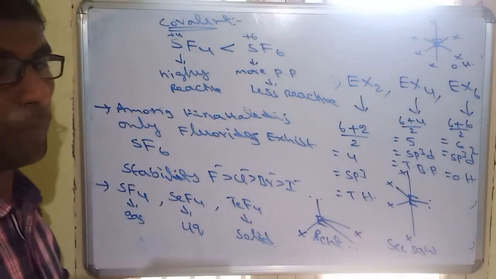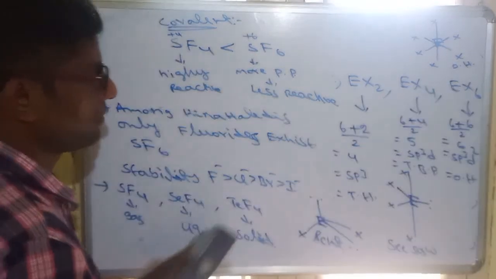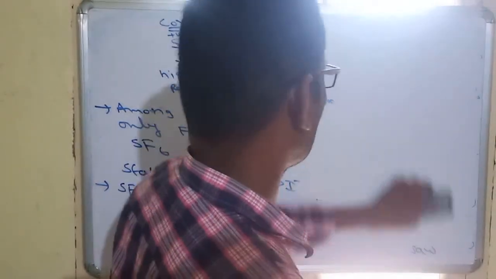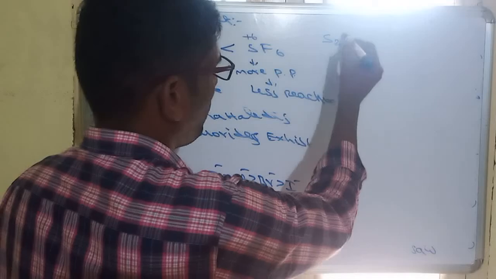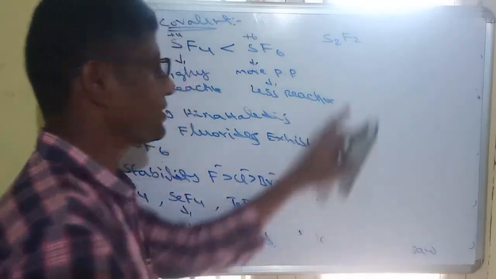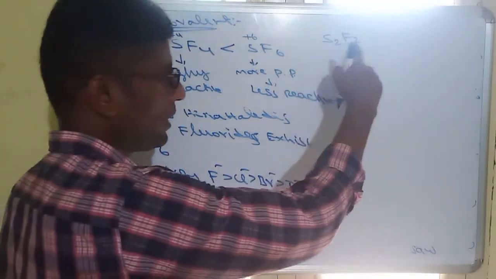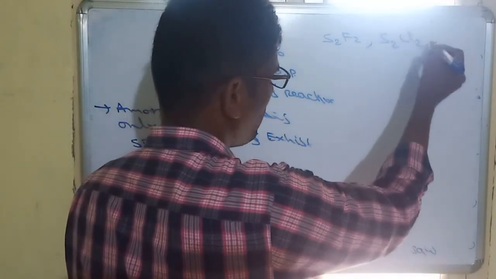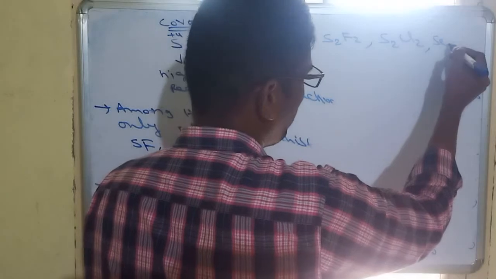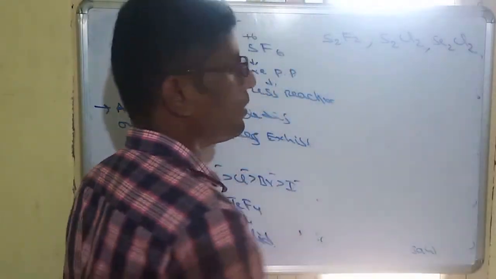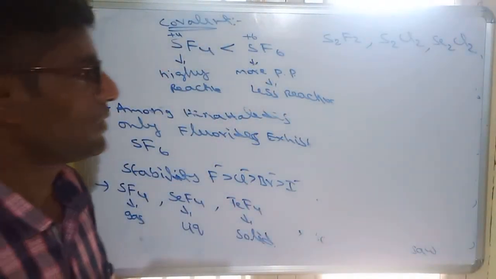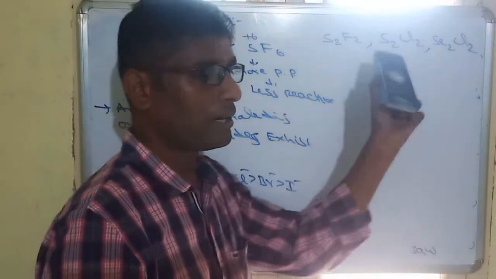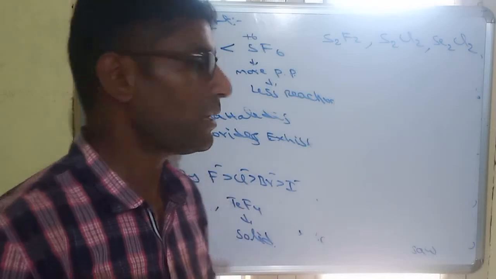And there are some monohalides that also exist. Monohalides like S2F2. This is called a monohalide because both are 2 atoms, we can take it as a monohalide. Similarly, S2Cl2, Se2Cl2. All these are monohalides. Mostly monohalides undergo disproportionation reactions.